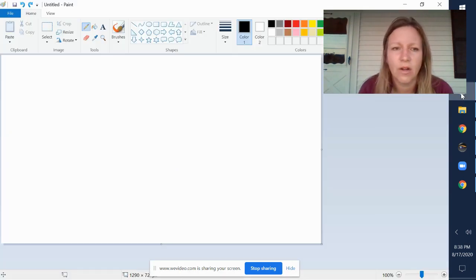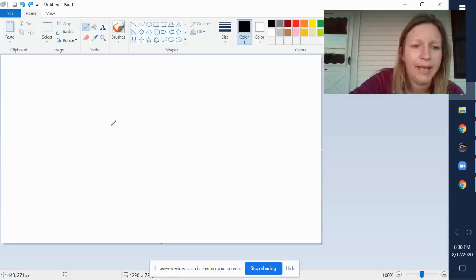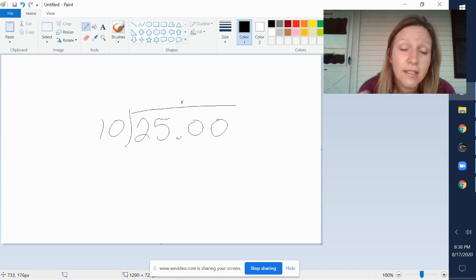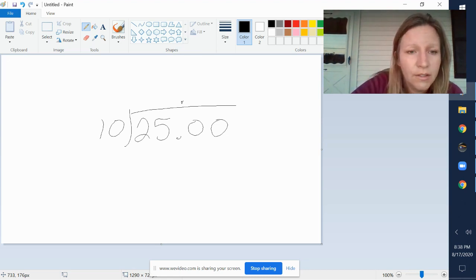That's a little more difficult, so I'm going to pull up a paint pad, and I'm going to take $25 divided by 10. I need to bring my decimal straight up. And then it's just a division problem. 10 doesn't go into 2, so I can put an X there. 10 goes into 25 2 times. 2 times 10 is 20, so I'm going to subtract 20 from 25. I get 5 left over.